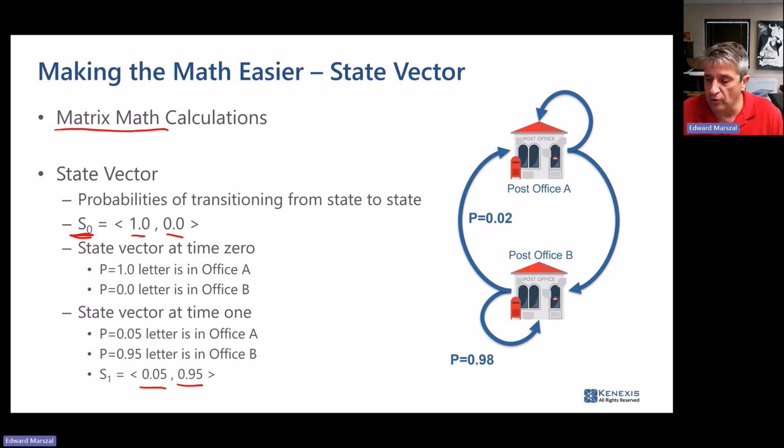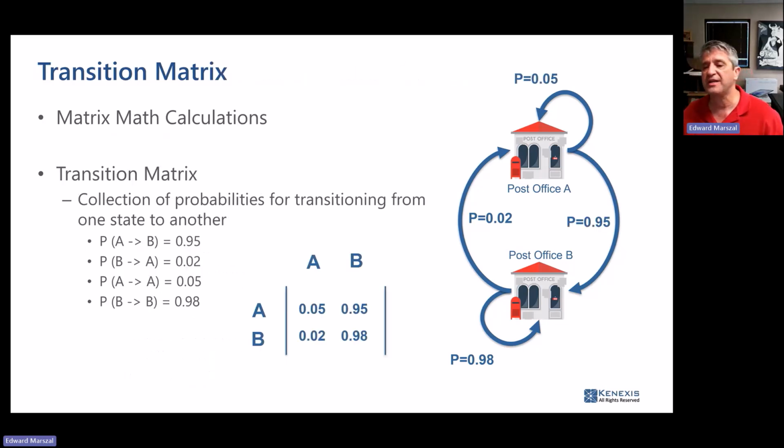In order to know the performance of your system over 1 year, you're going to need to look at 8,760 different states in order to come up with the final number that you're concerned with. So those are state vectors. The next thing we're going to do is put together a transition matrix.